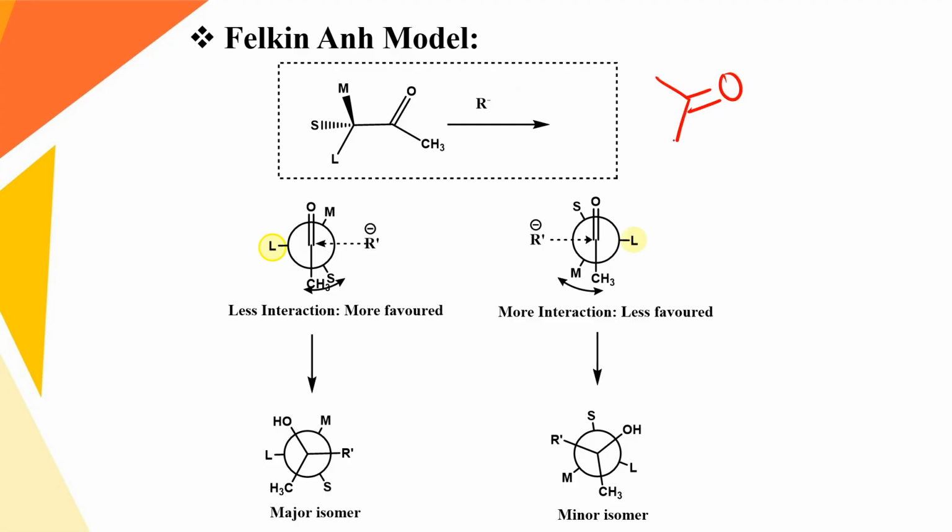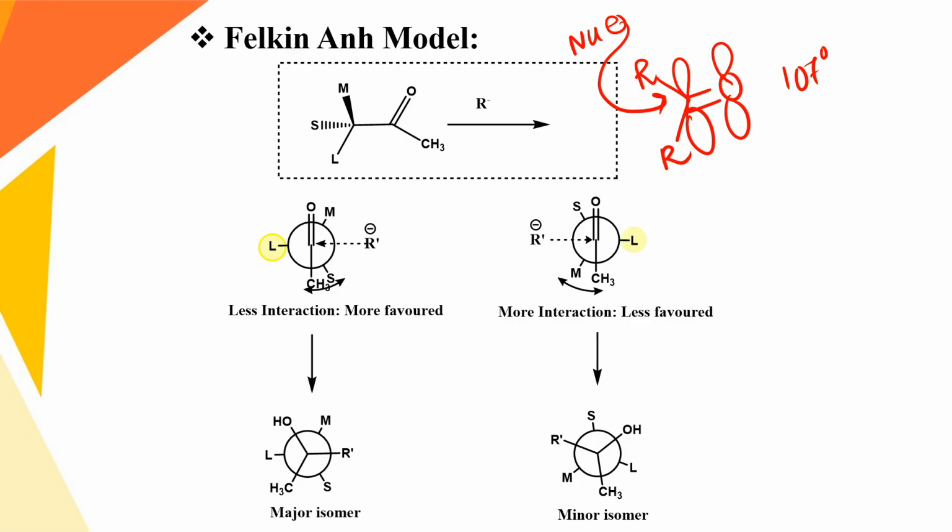So suppose this is your carbonyl compound. Now the nucleophile attacks here at an angle of 107 degrees. This is called the Burgi-Dunitz trajectory. This is because the pi orbital present here is allowed to be attacked this way.